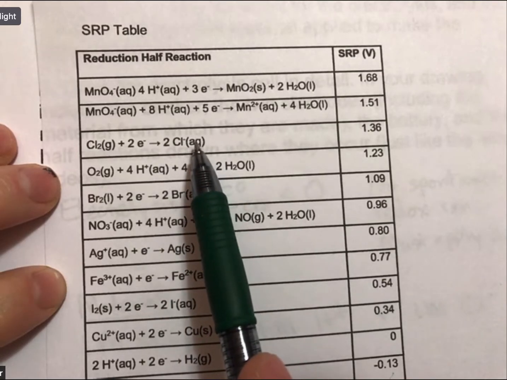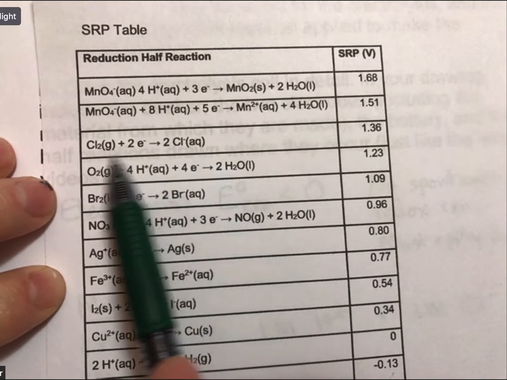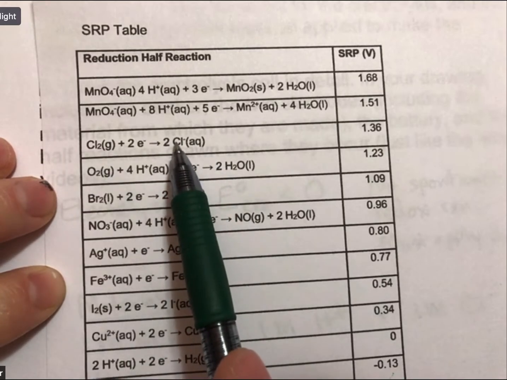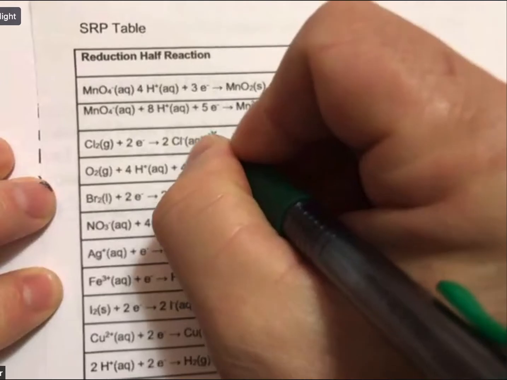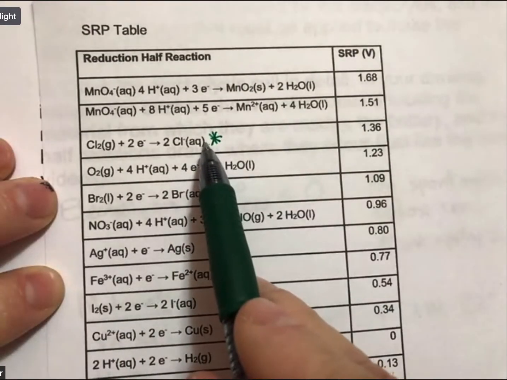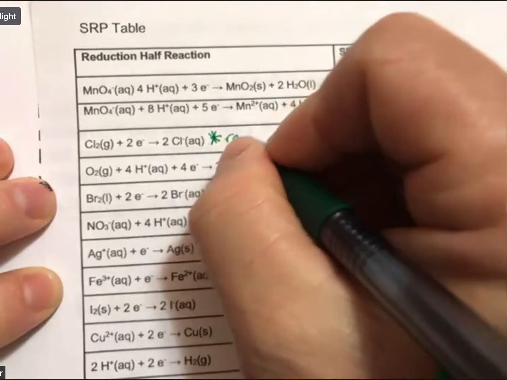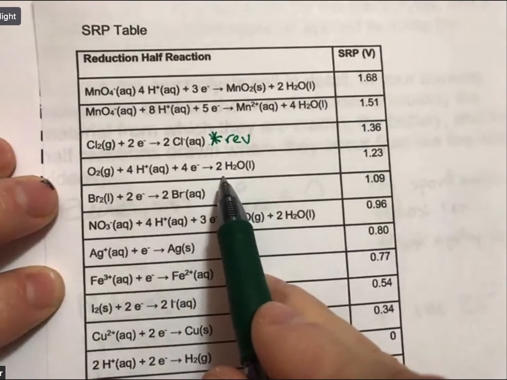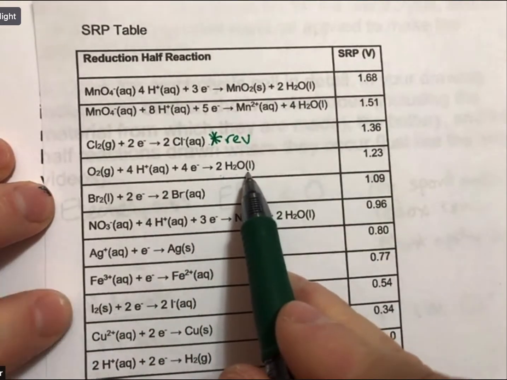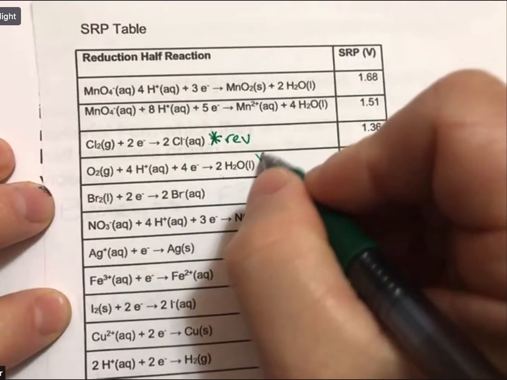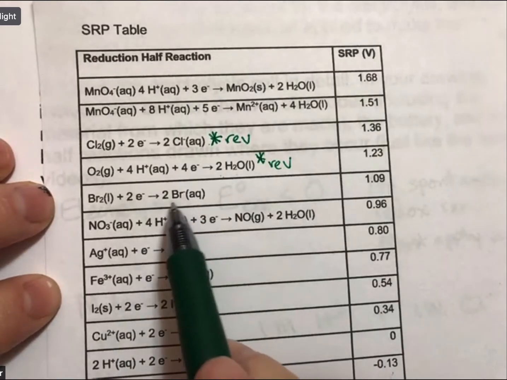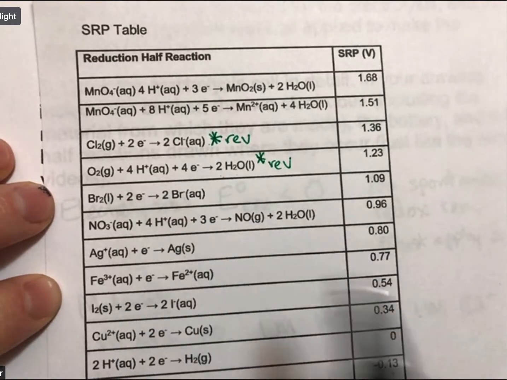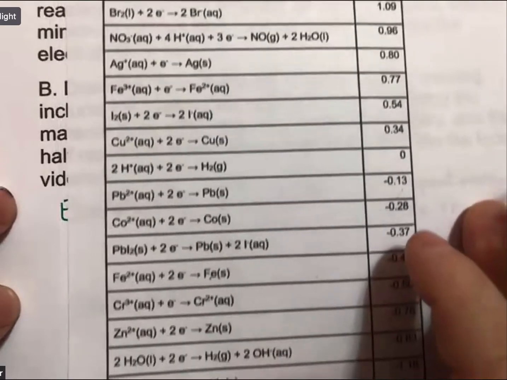That means I can do this reaction in the reverse direction, meaning I can flip reactants and products and change the sign. So I'm going to make a little asterisk right here because we can do this in the reverse direction. Here's another one. We have H2O liquid. We can do this in the reverse direction as well. Keep going, all the way down here.